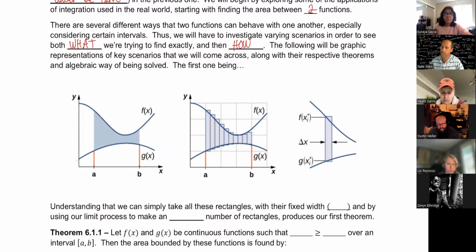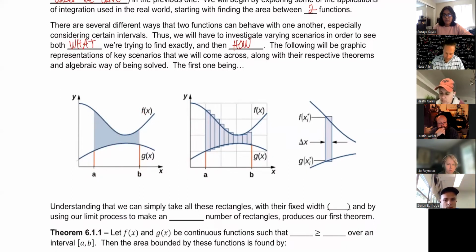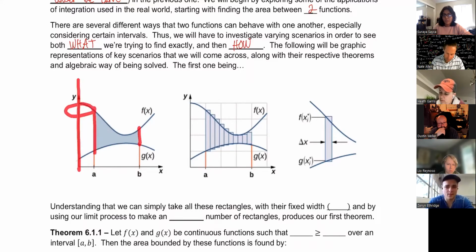Wait, so if it's 3D, do these curves end somewhere, or are we trying to find infinite areas? Yeah, we're trying to make as many cuts as we can, but from A to B, some interval. No, like if we're trying to work towards the vertical axis, so this f(x) and g(x), are they going to end somewhere, the curve, or are we just trying to find infinite area, like just an approximate area?